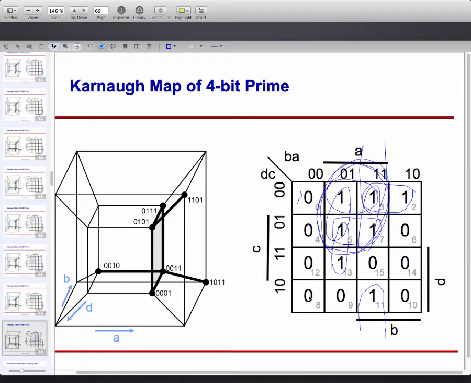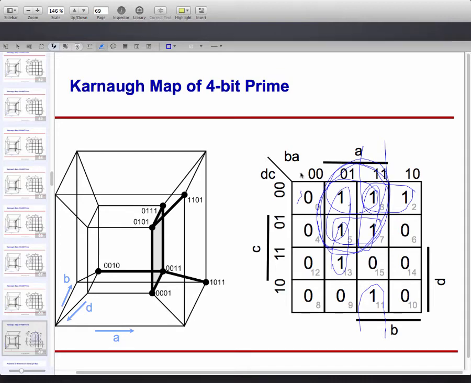A equal to 0. Okay. So D changes because D is 1 out here and 0 out here. So D is an X. C changes because C is 0 here. So A is 0 and C is 0, okay?